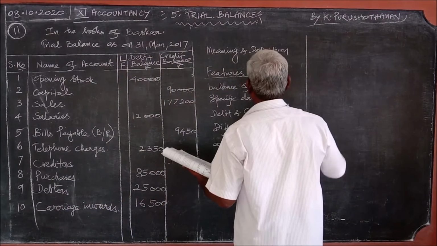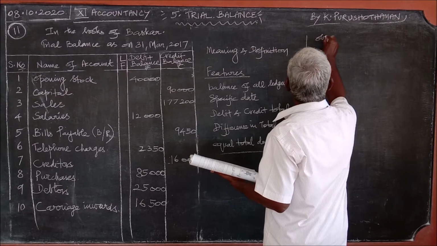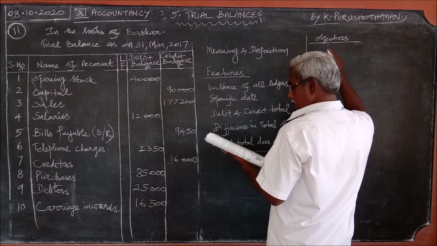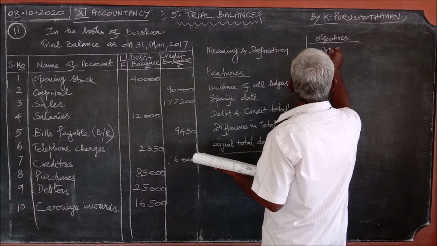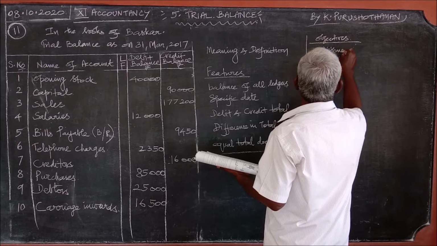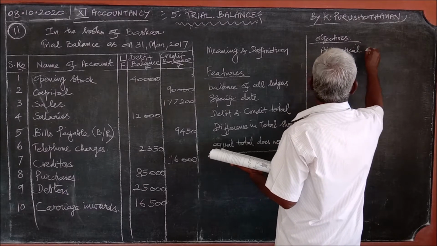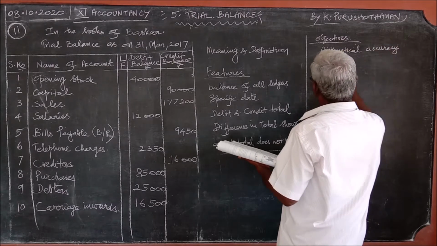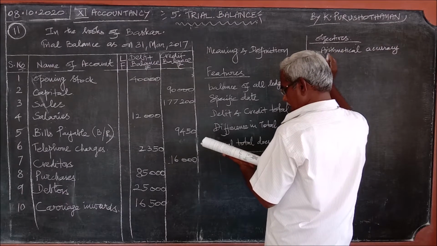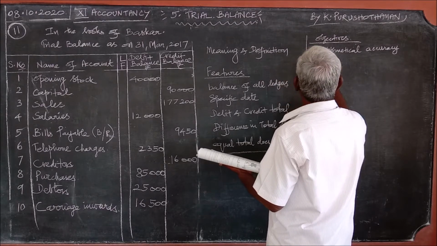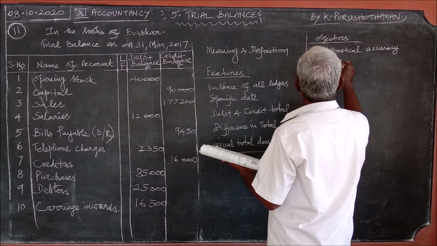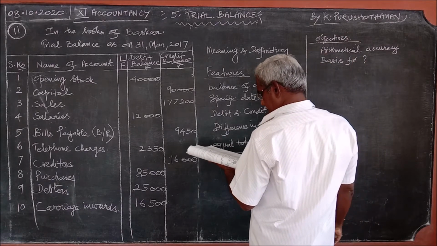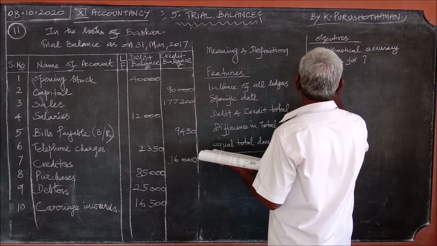Then objectives. Arithmetical accuracy. Then number two, basis. Then location of errors.